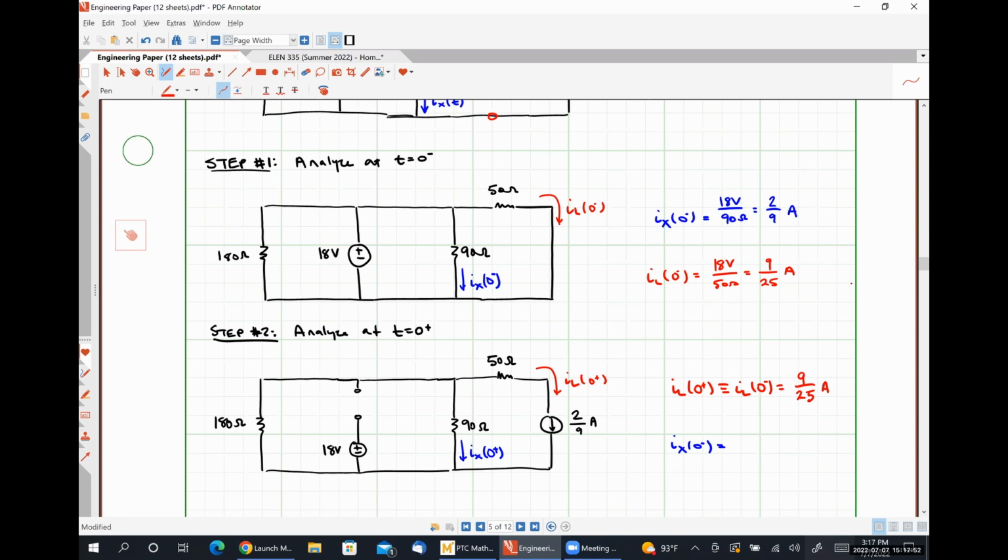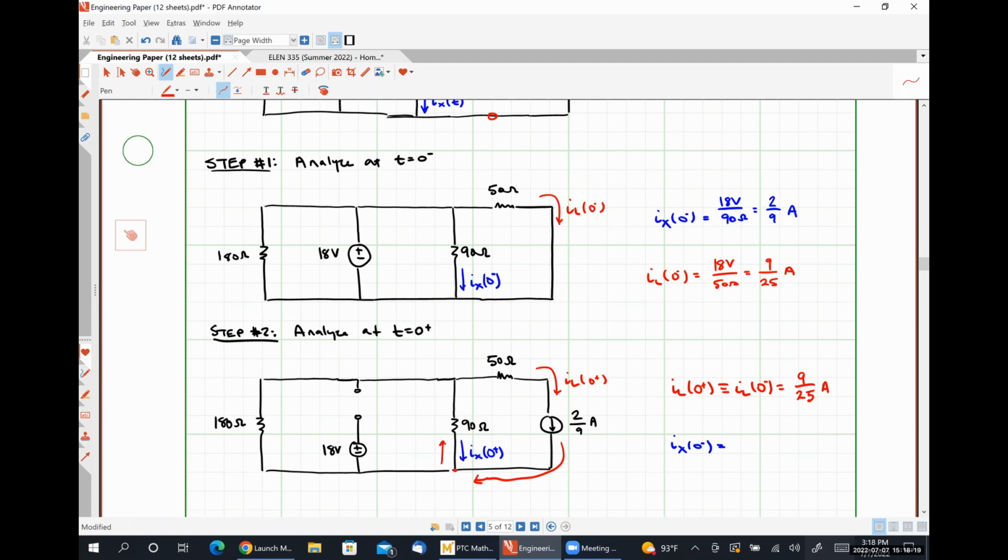So Devarier, that would be true if current weren't able to flow through the 180 ohm resistor on the left-hand side of the circuit. Right? So our inductor current IL is going to flow down, and it's going to hit this node.